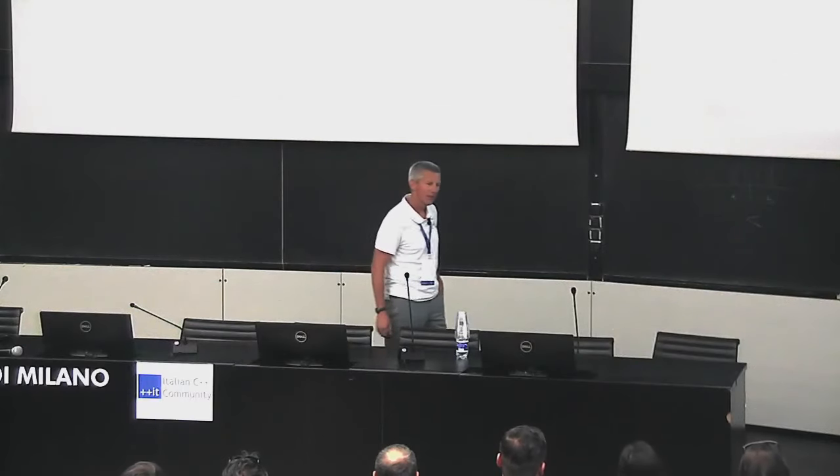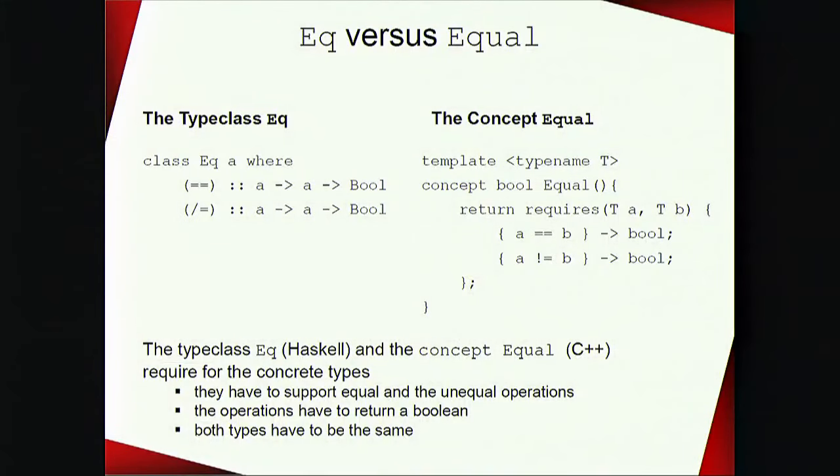Okay, now a little bit of Haskell. Why? Because when I looked at this feature, I wanted to know: can I program as elegantly as in Haskell? And here in Haskell, this is the equality type class. And you see it looks quite similar, not so different.